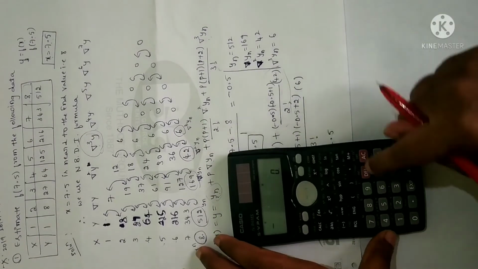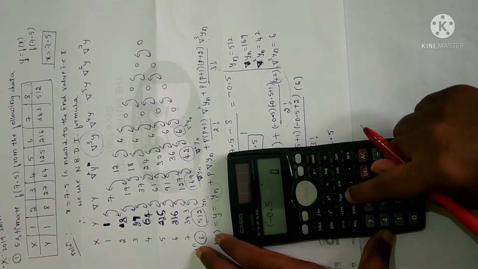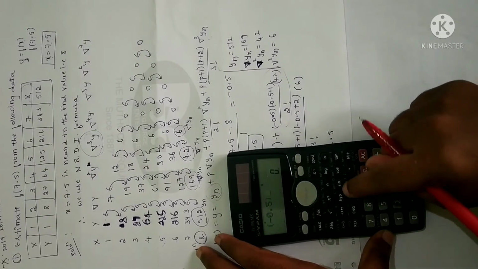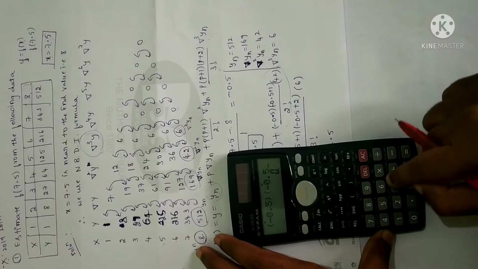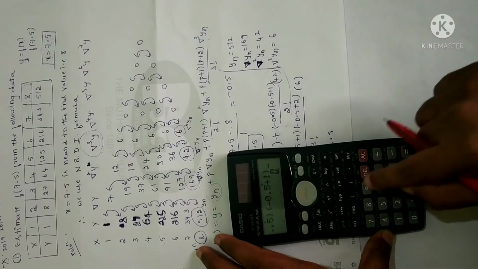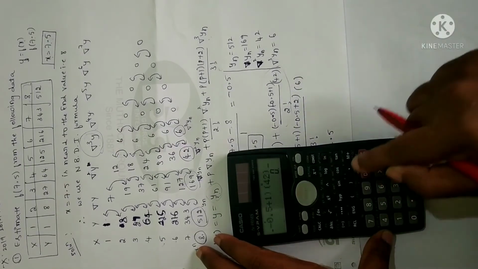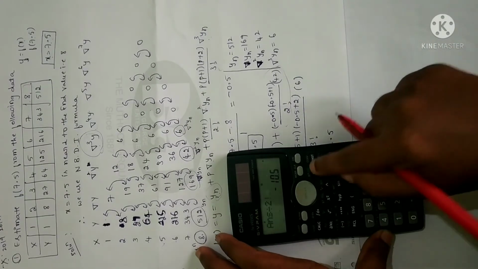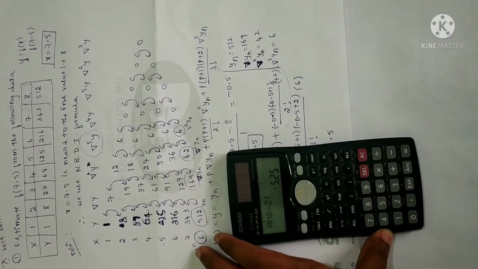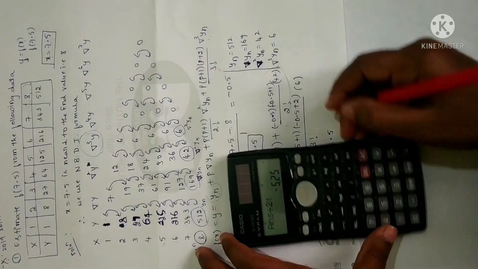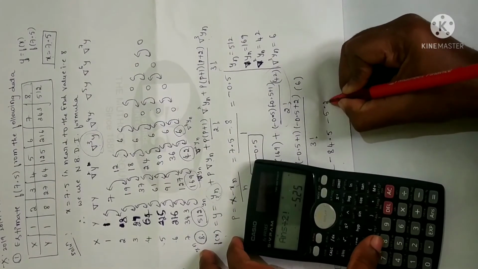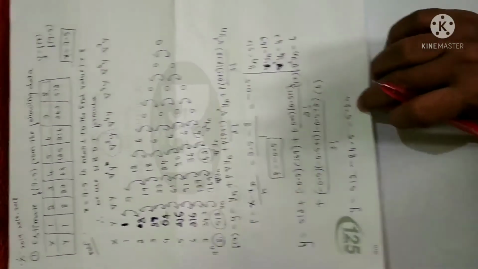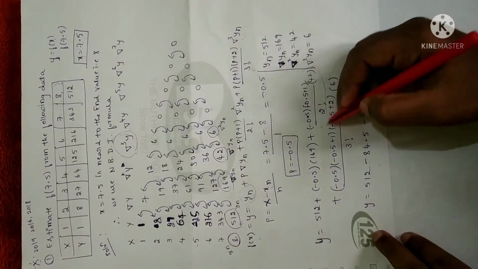Again open bracket, 42, press equal sign, divided by 2 factorial. Press shift and 2 to get 2 factorial. After simplification, you will get minus 5.25 for this term.